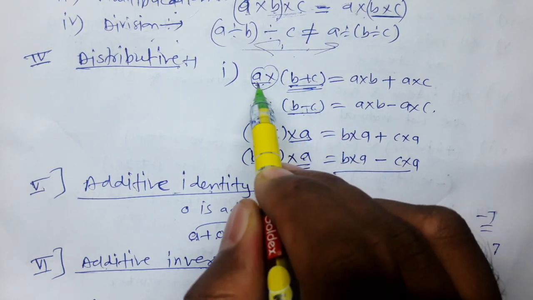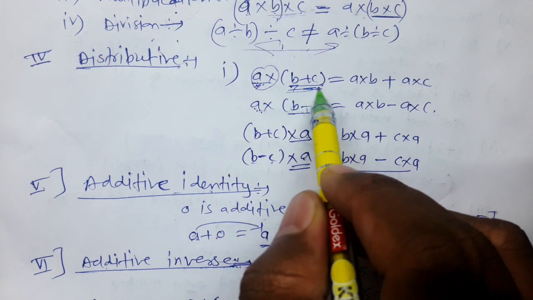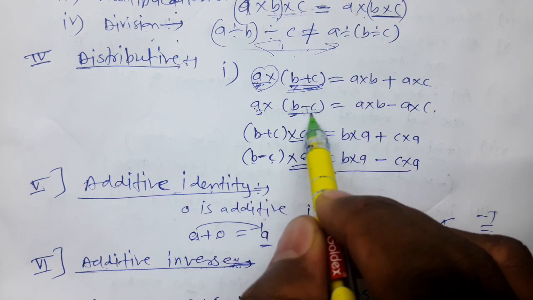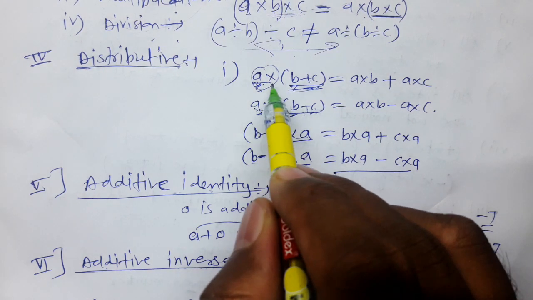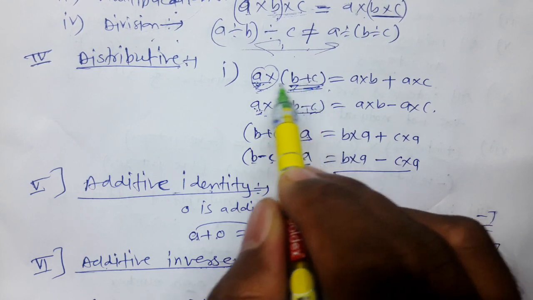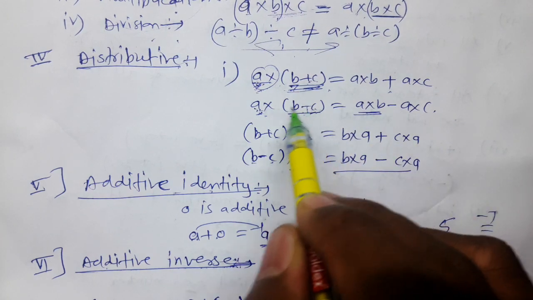We have to multiply b with a as well as c with a. So the result is a into (b plus c) is equal to a into b plus a into c. And here, a into (b minus c) is a into b minus a into c.